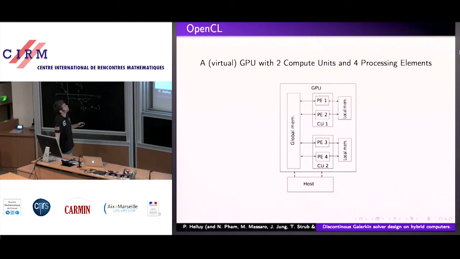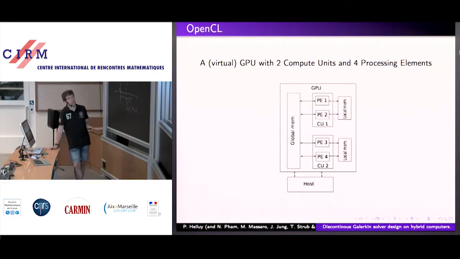It's very simple. You have here a GPU with two compute units, the first one and the second one. In each compute unit, you have two processors, and each processor can access the local memory of its compute unit and the global memory of the GPU. And the GPU, the accelerator, is plugged into a host, which can be your computer or supercomputer.